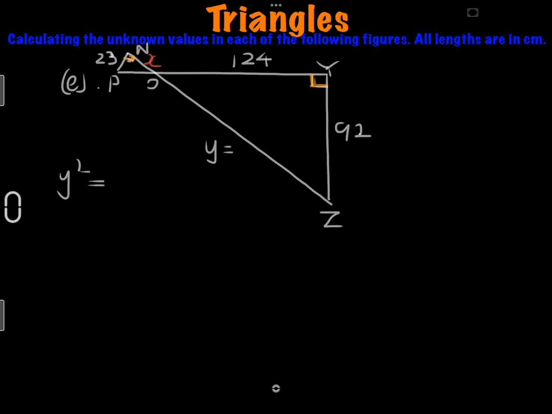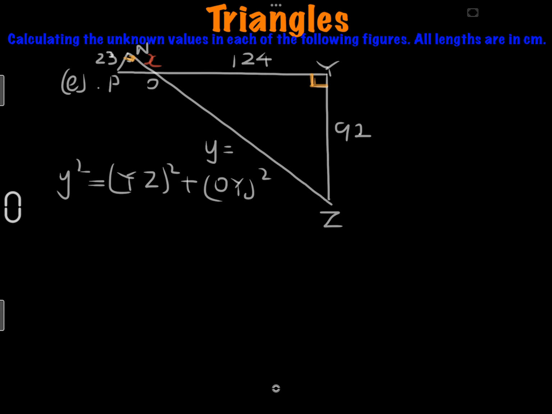So Y squared is equal to YZ squared plus side OY squared.